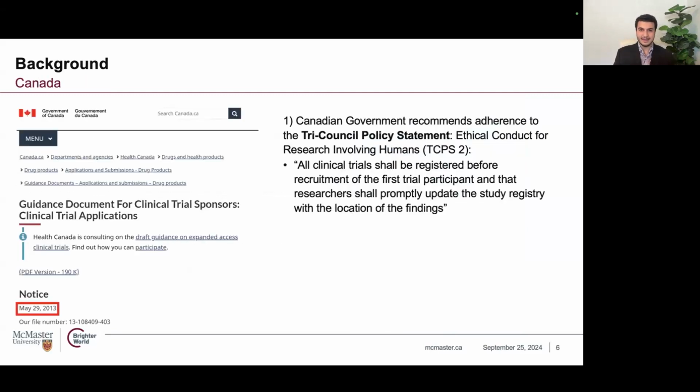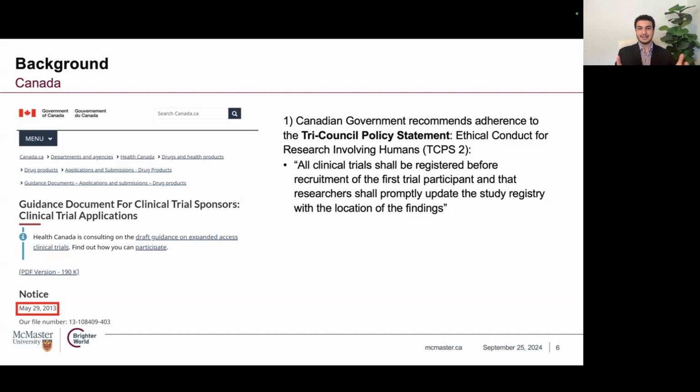Now, here in Canada, we also have, within the past decade, the Tri-Council policy statement, which states that all clinical trials where patients are recruited shall be registered before recruitment of the first trial participant, and that researchers shall promptly update the study registry with their findings.